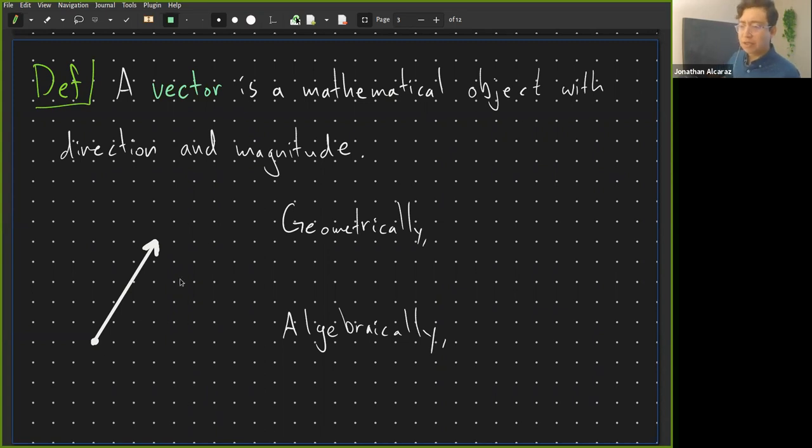So when we start talking about it geometrically, if you look it up in the textbook and you try to find a definition for what a vector is, they say something like: a vector is a directed line segment.